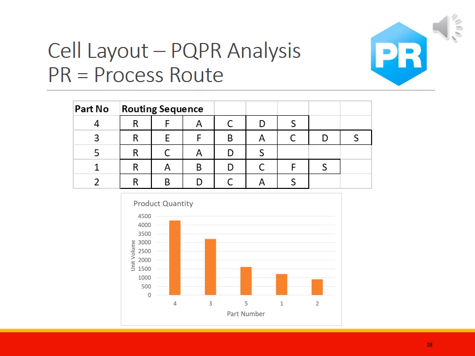I've rearranged it so part 4 is on the top, then part 3, so they're rearranged by level of importance, by unit volume. The top one being part number 4, the highest volume, the highest dollars, that's the most important, that's the main line I want to try and achieve, and then I'll step all the way down through to part 2, which is the lowest volume. So I've rearranged the PR in terms of PQ.